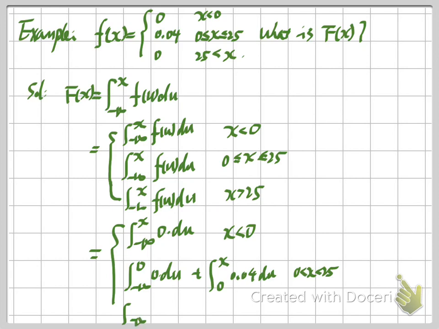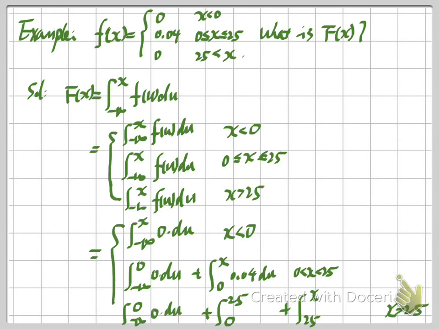The first one is still negative infinity to 0, the second is from 0 to 25, and the last is from 25 to x. So in this case, the first segment is the same as our previous branch of our CDF. This is still 0 times du.